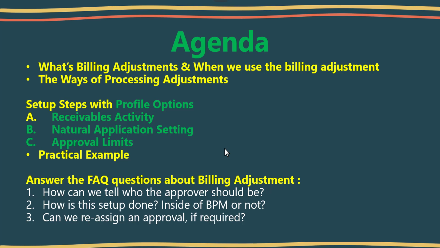This is from the approval side, but from the requester or creator side, he can submit or withdraw. So maybe this helps to re-trigger the workflow and send it to the correct approver, in case you need to withdraw the adjustment you already submitted and submit it again to the proper approval.